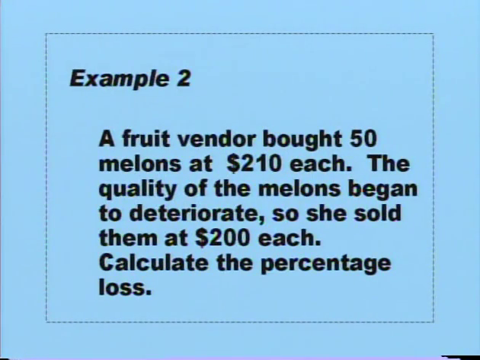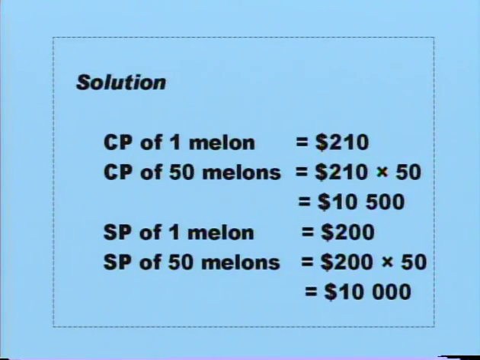Example 2. A fruit vendor bought 50 melons at $210 each. The quality of the melons began to deteriorate, so she sold them at $200 each. Calculate the percentage loss. Solution.